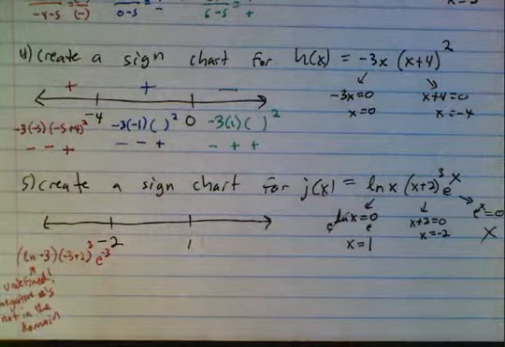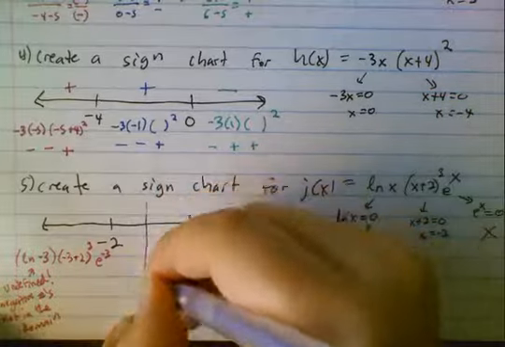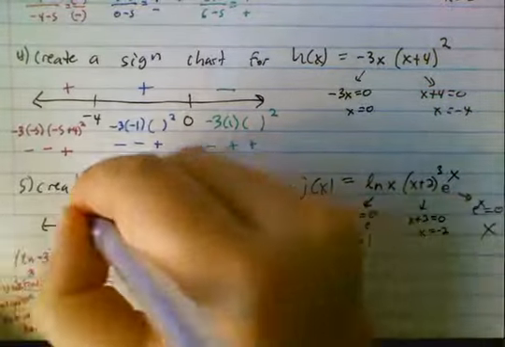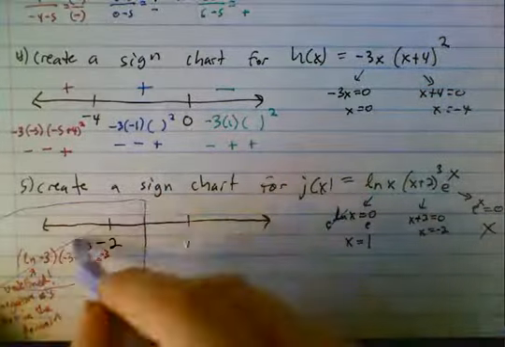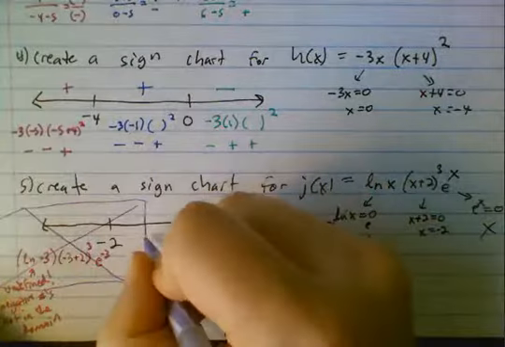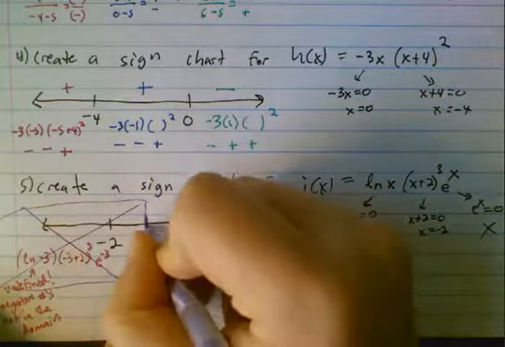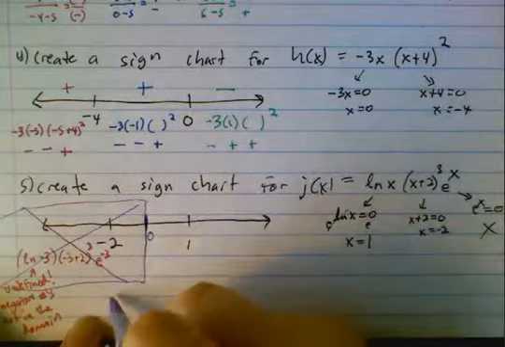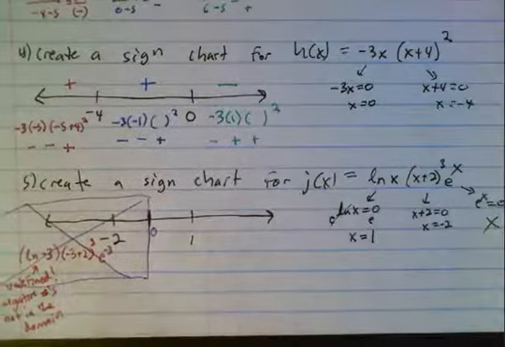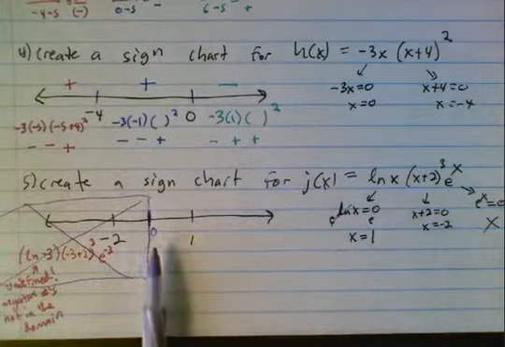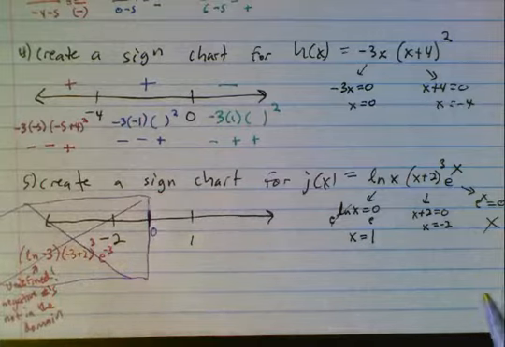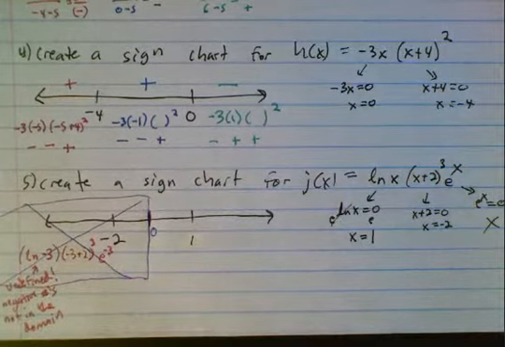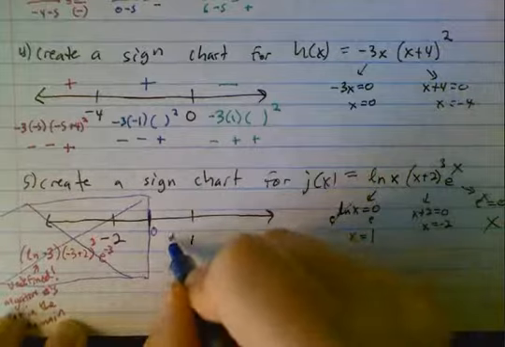Let's do this in purple. So this is at 0. We actually can't make a sign chart for this half because if we plug in any number 0 or smaller, we can't get any numbers out at all. So that means that what we're actually going to be working with is just this little part over here.